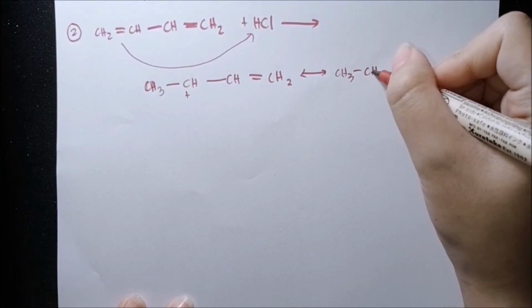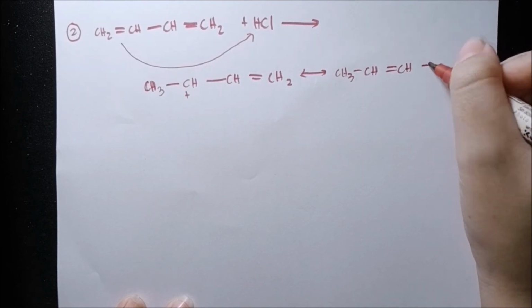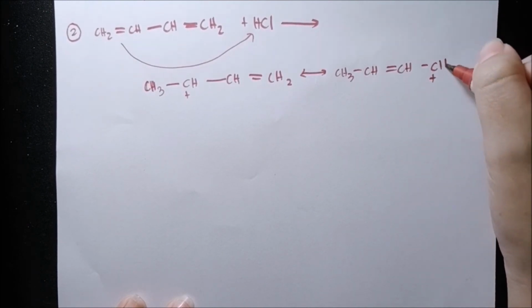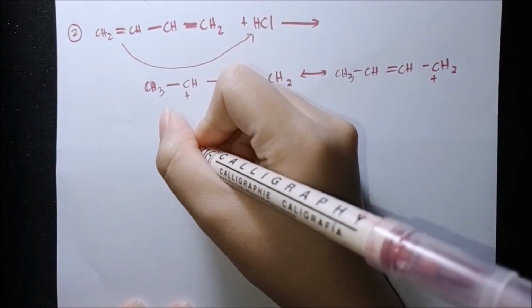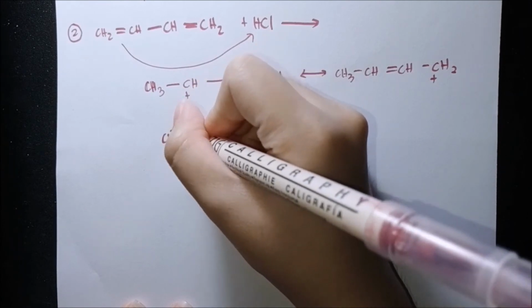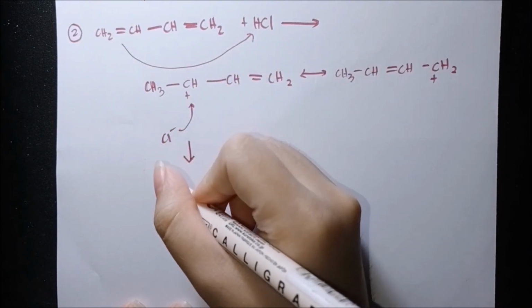Again, we have here resonance structures. For this, the chloride ion will attack here and will yield this product, 1,2 addition product.